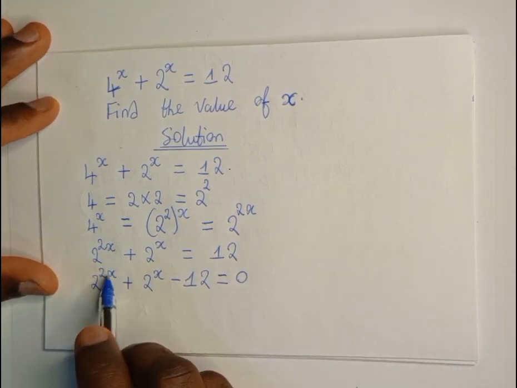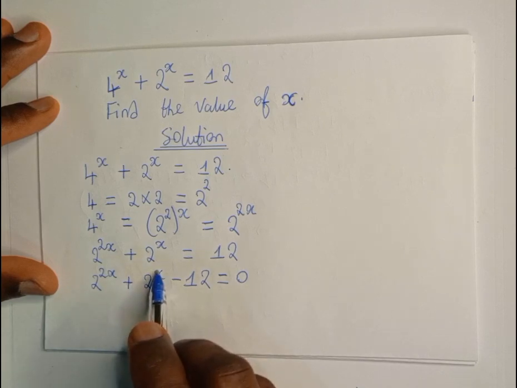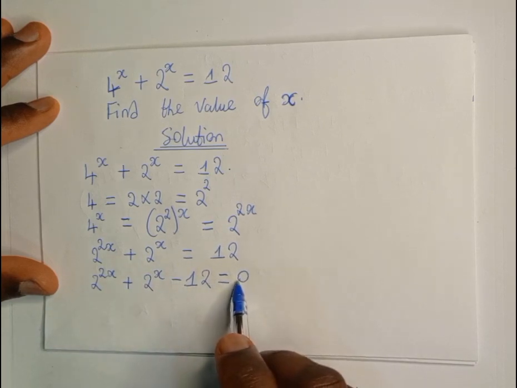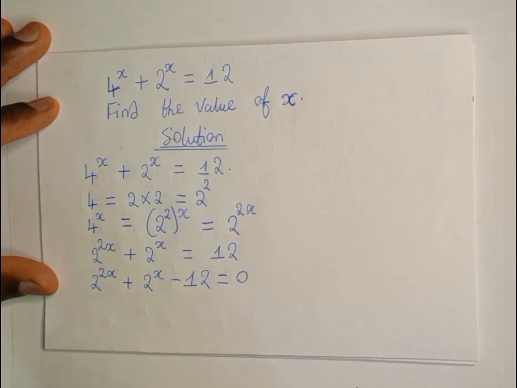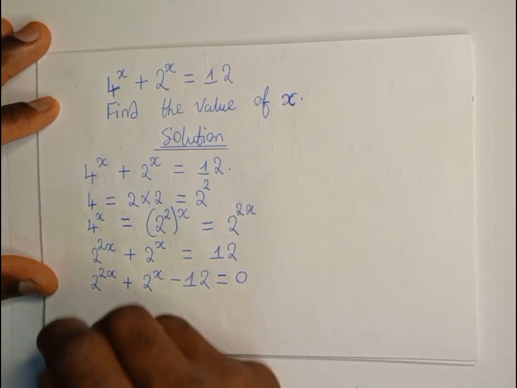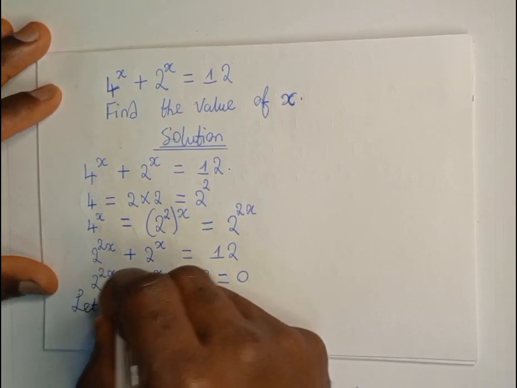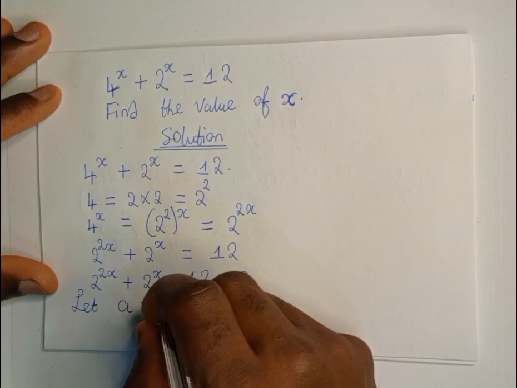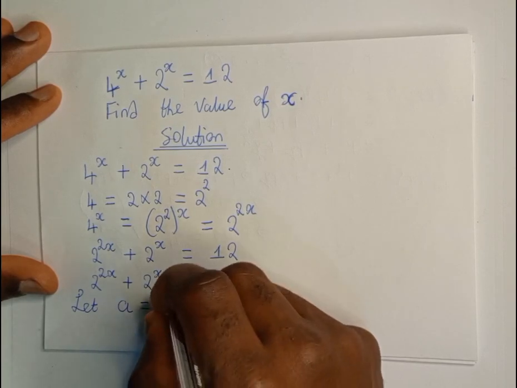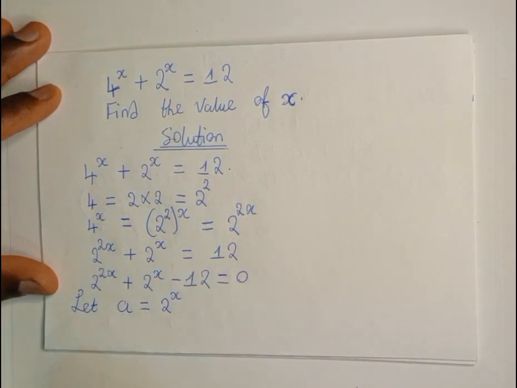The equation 2 raised to the power 2x plus 2 raised to the power x minus 12 equal to 0 is a quadratic equation. If in case you cannot say this is a quadratic equation, we can express it in a form that can be easily seen. At this level, we can say let a be equal to 2 raised to the power x.